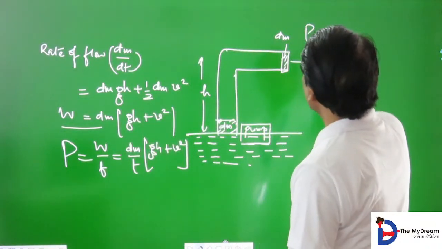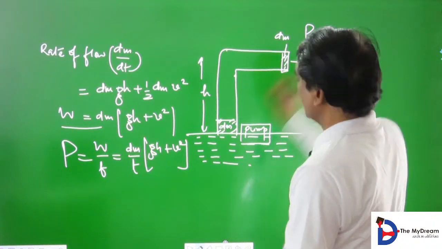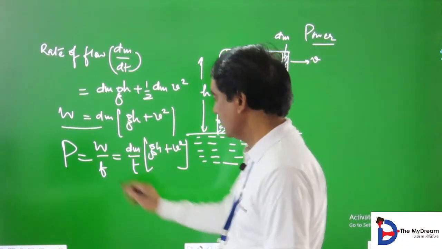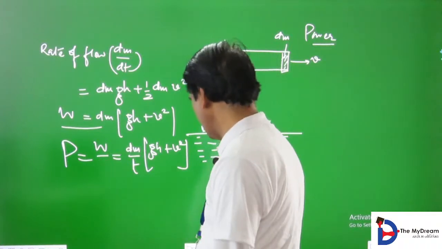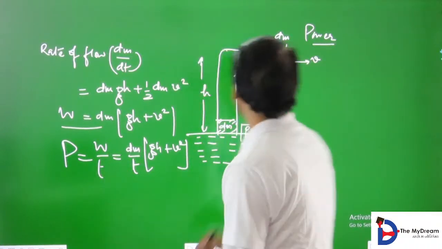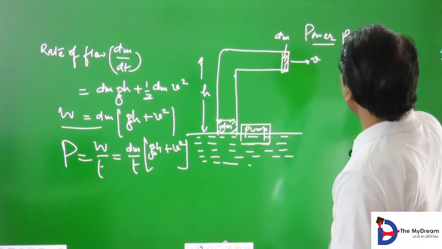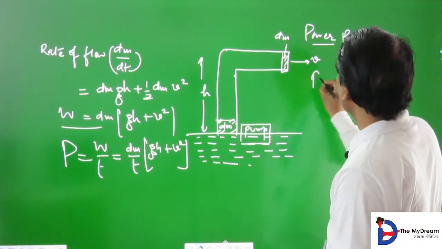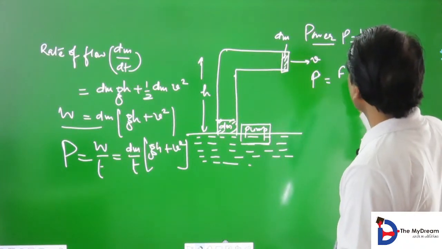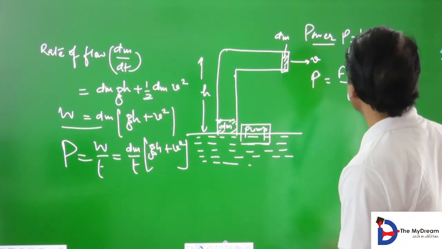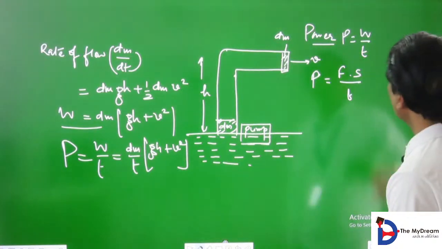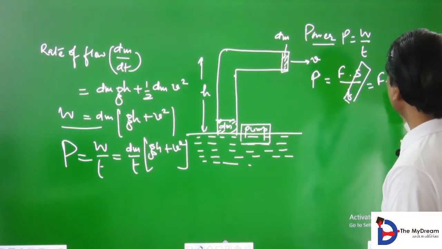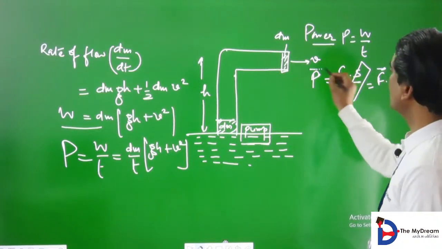As we are talking about power, we have already discussed it: P is equal to W upon t. The rate of doing work is called power. Work done is equal to force into displacement, so the displacement upon time gives the velocity, which is a vector.